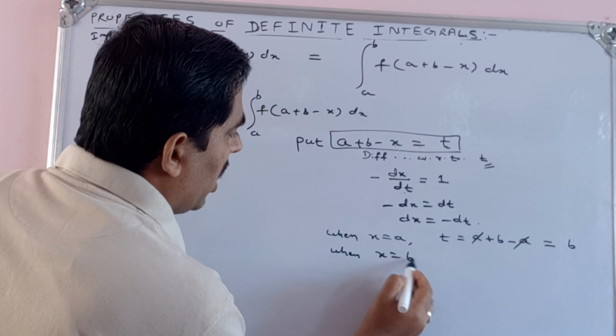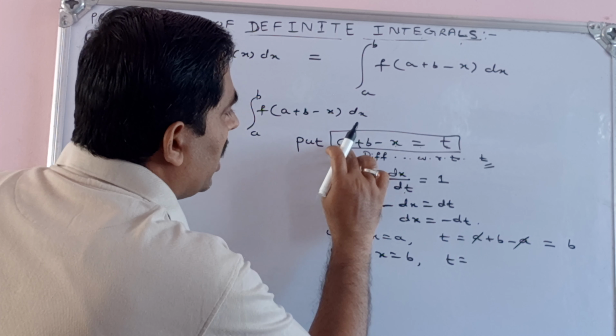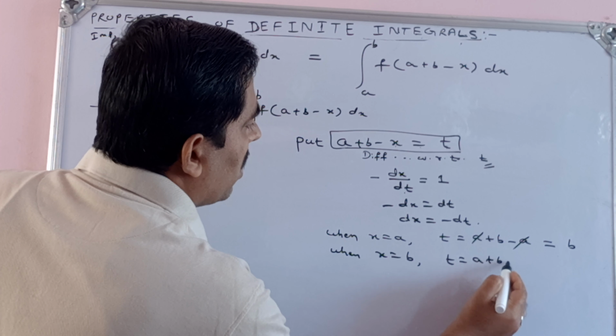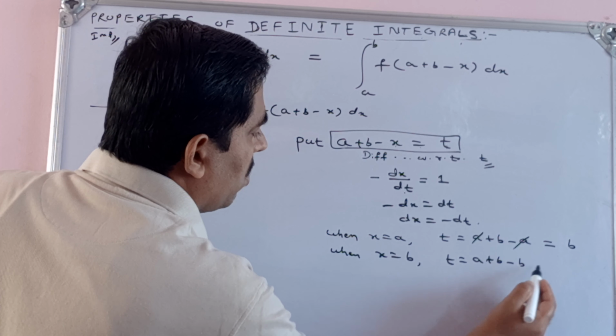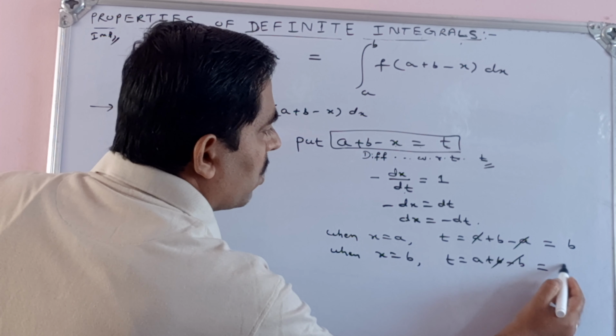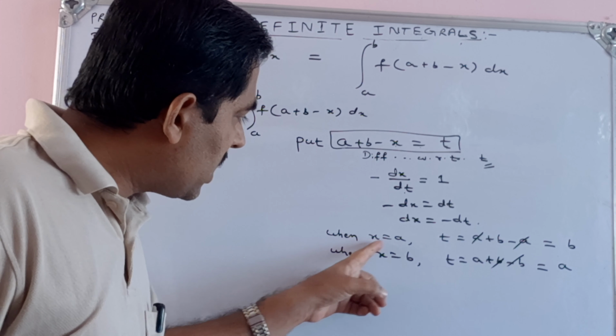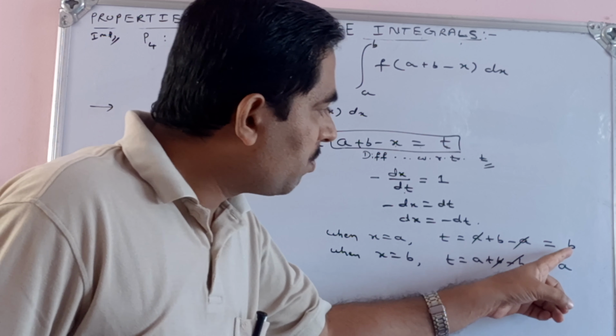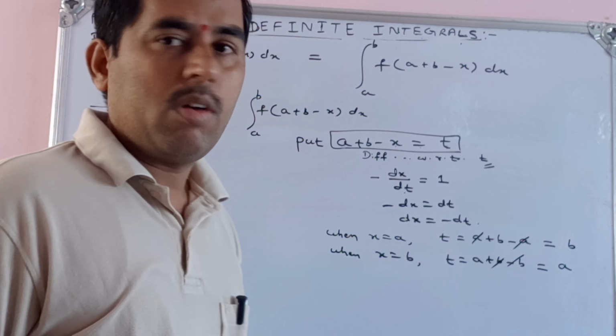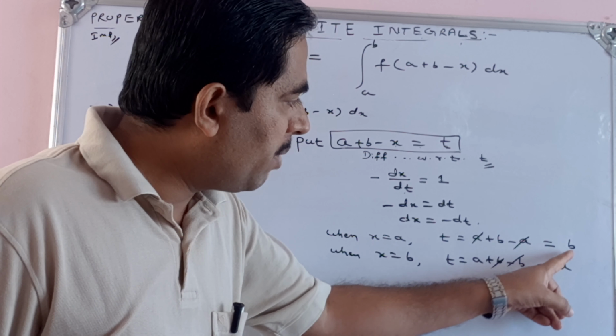When x is equal to the upper limit b, t is a plus b minus b, which is a. We have changed the limits. So x from a to b becomes t from b to a.